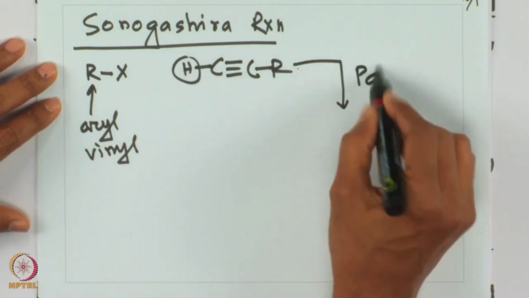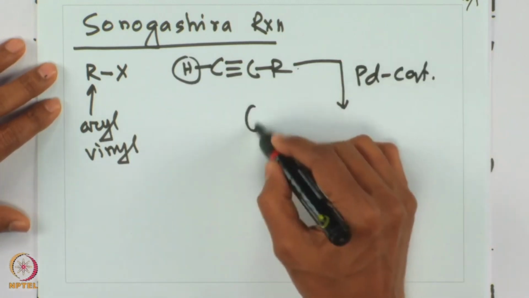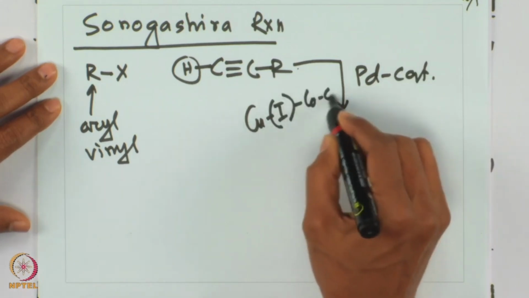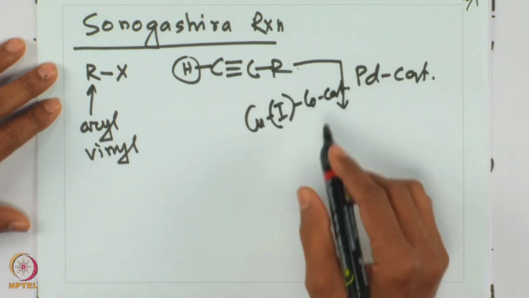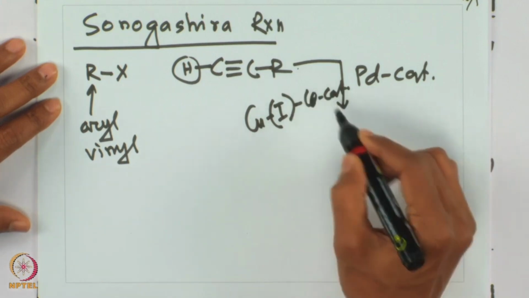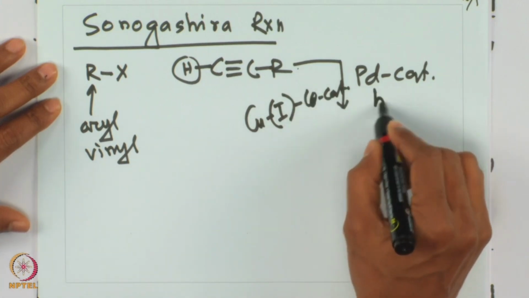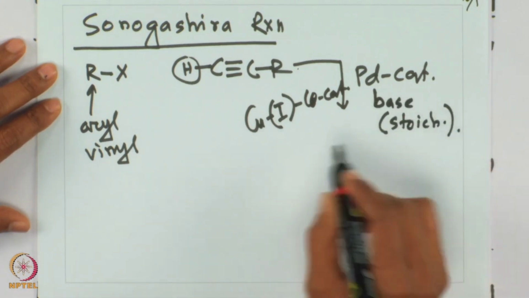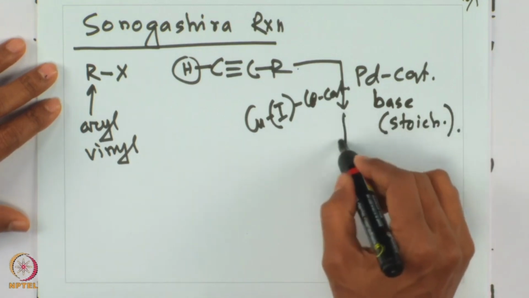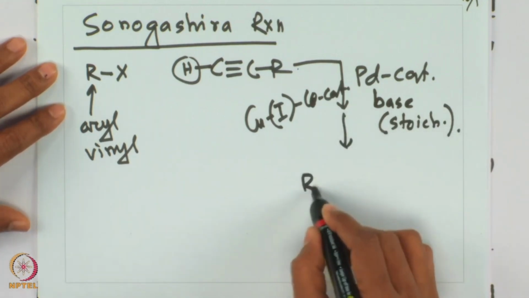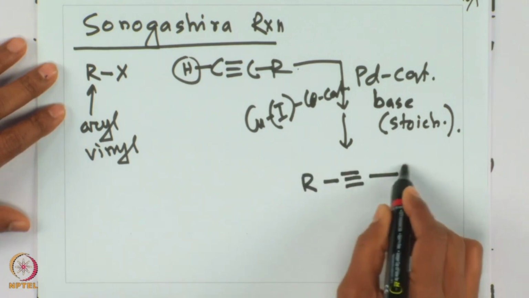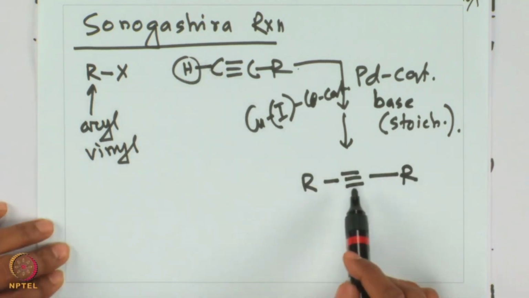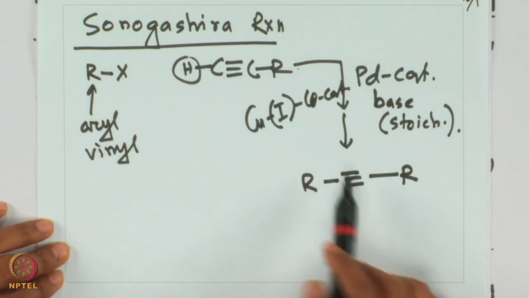Overall you will get a palladium catalyst, usually, nowadays a lot of variations are there, copper(I) co-catalyst, okay, not cobalt, this is a co-catalyst, and a base which is usually in stoichiometric amount, for example triethylamine and so on. Overall you get the product formation which is an internal alkyne.